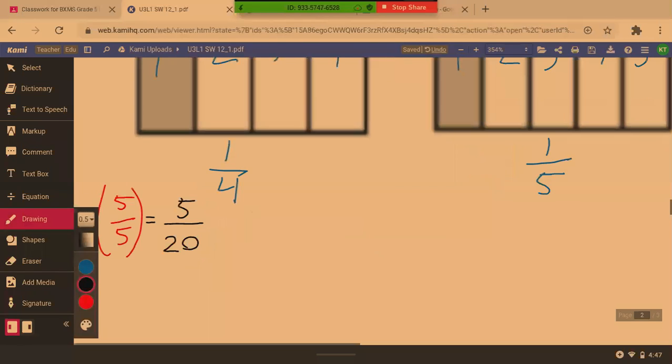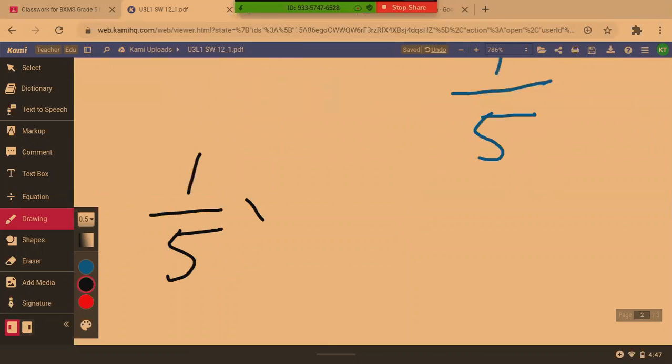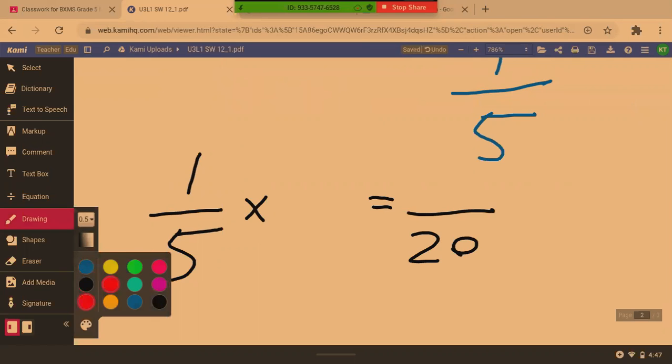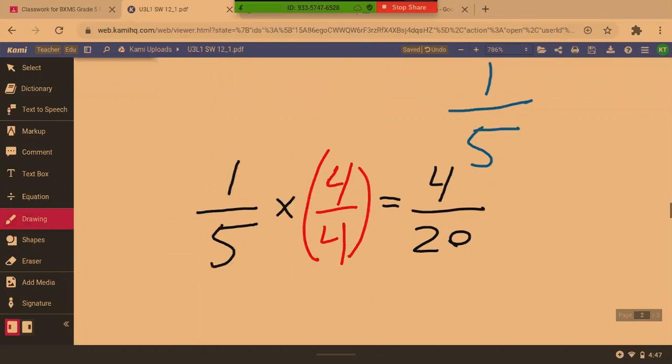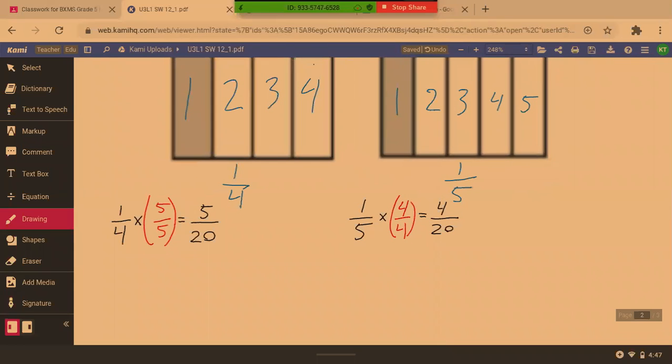All right, now let's do 1/5. The common denominator is 20. What do I multiply 5 by to get 20? 1 times 4 equals 4. 5 times 4 equals 20. So I have manipulated tray A and tray B to get them on a common denominator.